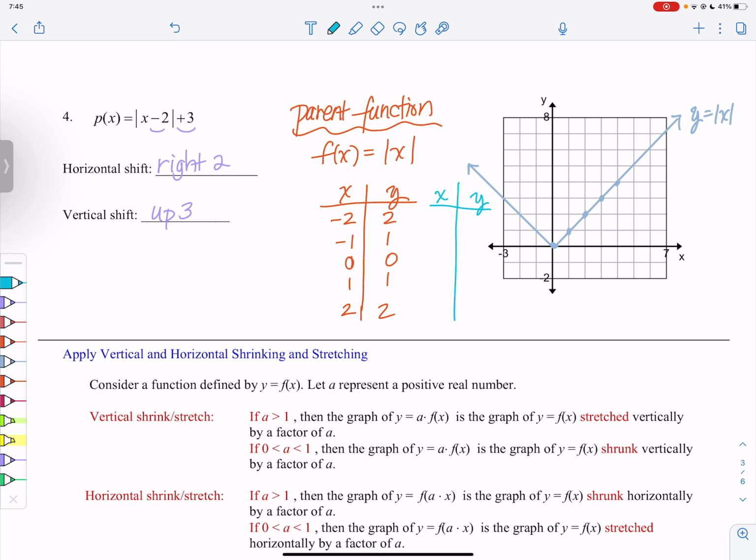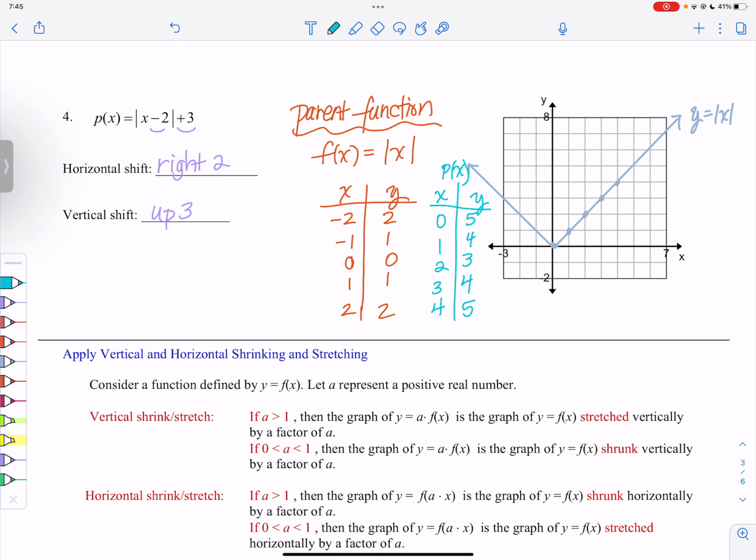So this could be p of x. And if we're going to the right 2, we will add 2 to all of those x coordinates. And if we're going to go up 3, we could just add 3 to these y coordinates.